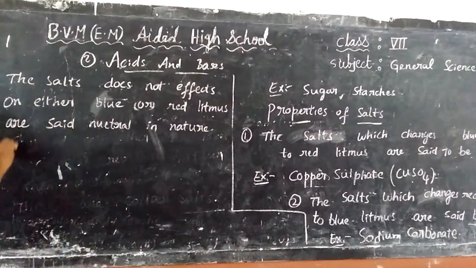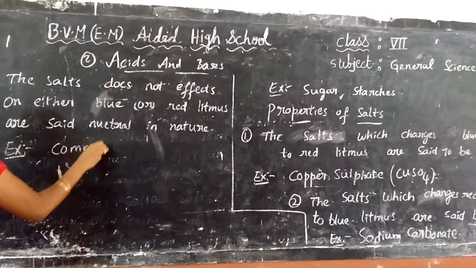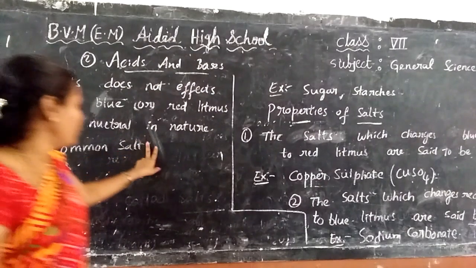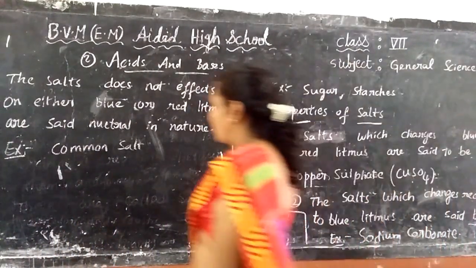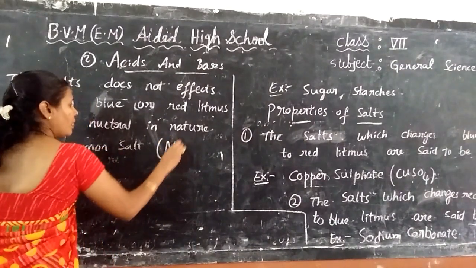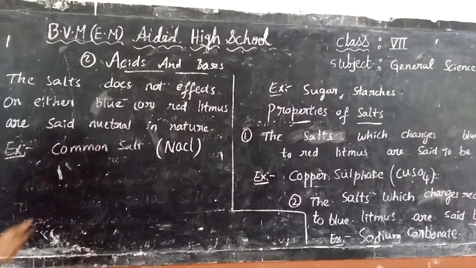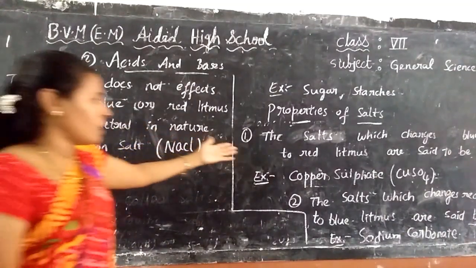For example, we are using common salt. For every food item, in the preparation of every food item and curry, we are using common salt. The chemical formula for common salt is NaCl. Once again, I am repeating the properties of salt.